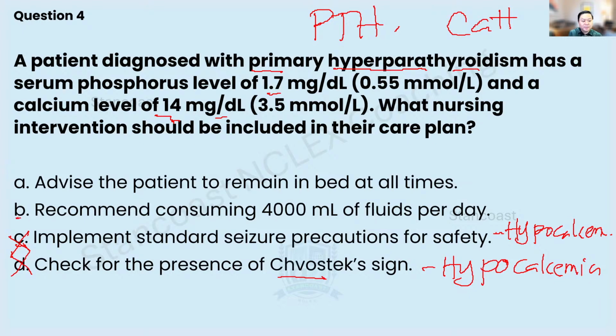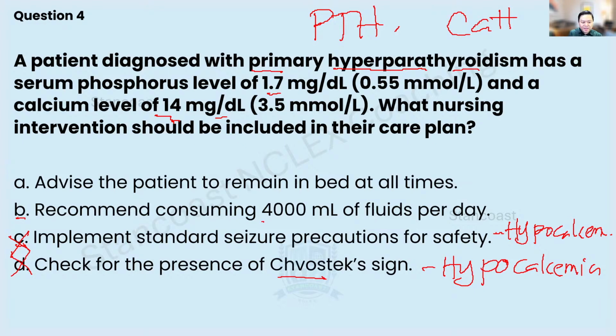If you answered letter B, recommend consuming 4,000 mL of fluids per day, this is what we are looking for. We know that in hypercalcemia, there will be rapid excretion of calcium ions through the kidneys. This will predispose the patient to develop calcium stones.